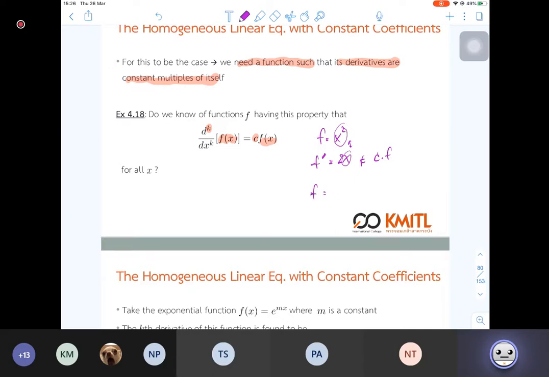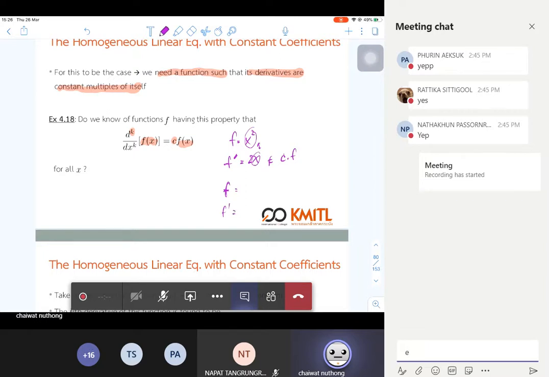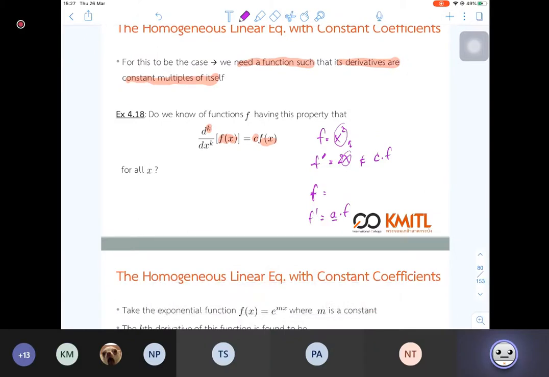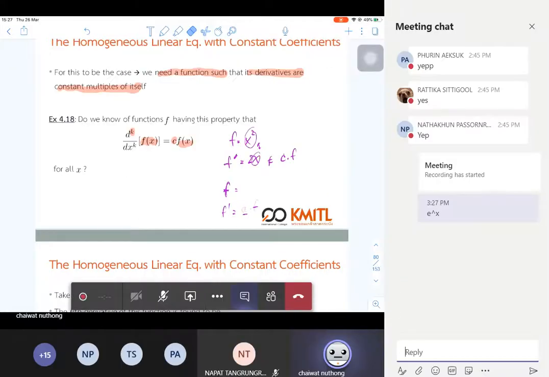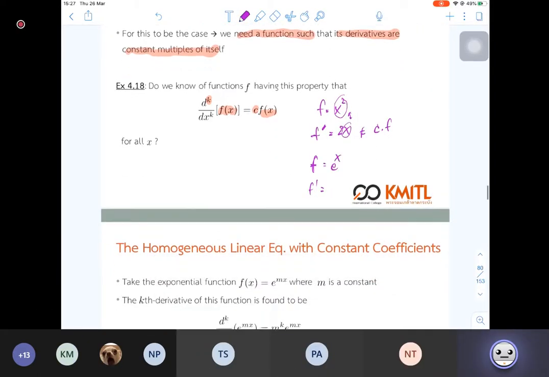Can you find some function that when I take the first derivative, I get some constant times the very same function? Yeah, e to the power of x, for example. So let's say f equal to e to the power of x, right? f prime is going to be e to the power of x, which is 1 times f.